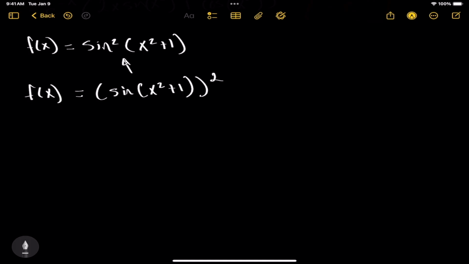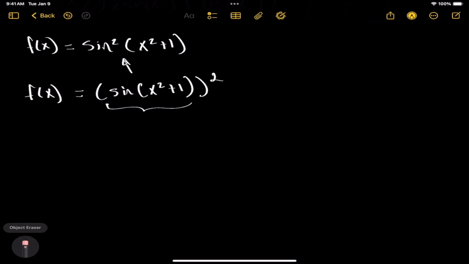So now we can see a little better what we could do with the chain rule here. The chain rule will be taking the derivative of the outer function first here. I think we're going to need to do it twice. What I just underlined is not the outer function. That is actually the inner function right now. So taking the derivative of the outer function is what is on the outside, without whatever is inside, and with the exponent 2 there.